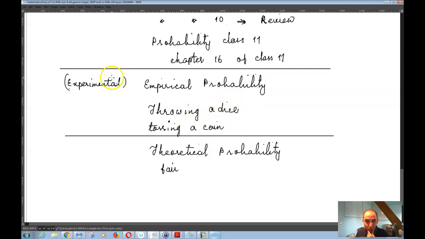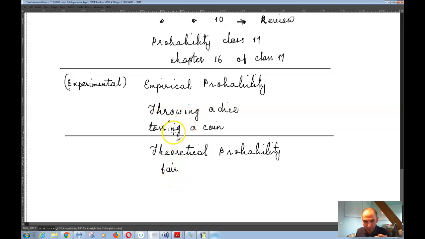involves doing experiments, meaning that, for example, you throw a dice or toss a coin or do some sort of experiment a large number of times. For example, you throw a dice 100 times, 200 times, 300 times, 1,000 times, 5,000 times, and then you record the outcomes of the experiment in a table.